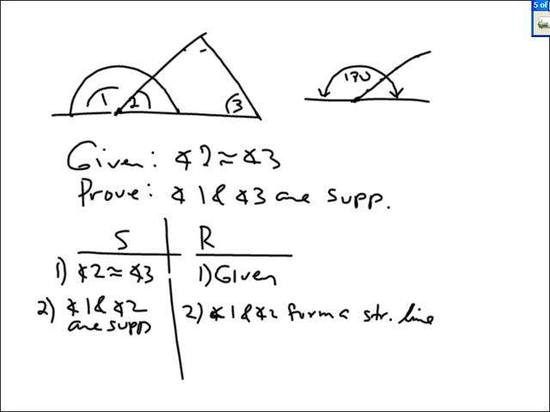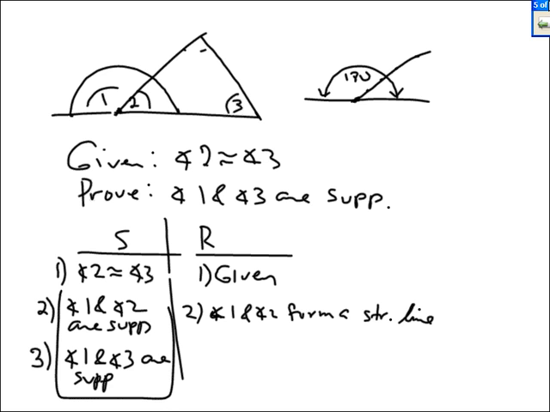Now, I'm going to say that angle 1 and angle 3 are supplementary. And if you look at statement 2 and statement 3, word for word, character for character, the only difference is angle 2 and angle 3.